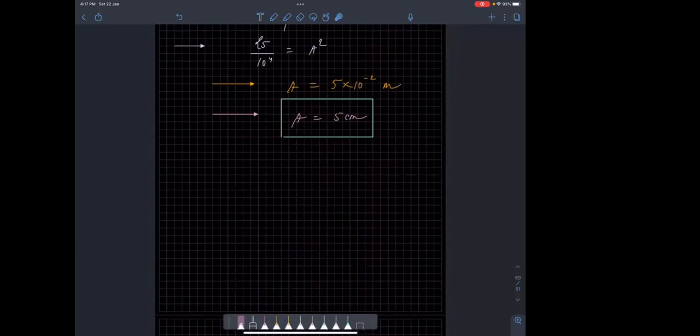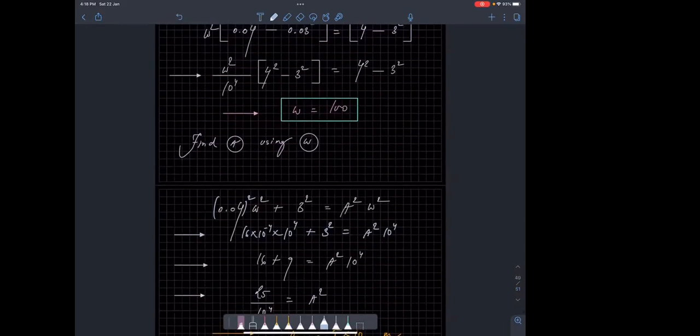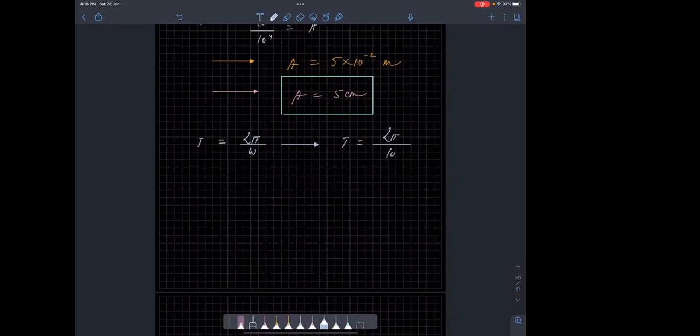Now, what is the time period? 2 pi by omega. Omega was 100, correct? So time period is what?